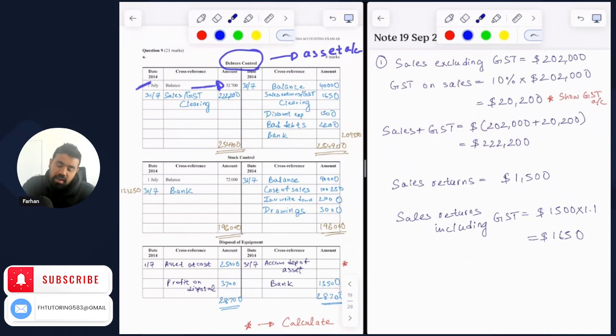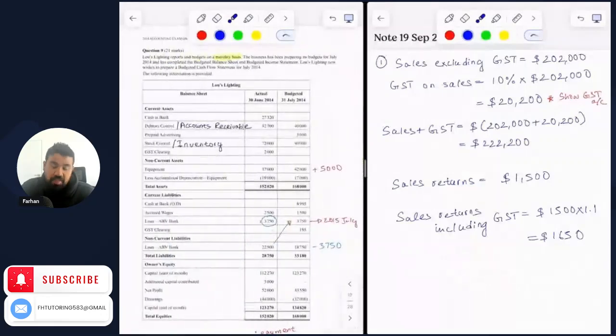Now we can verify this number by simply looking into the budgeted balance sheet figures and the actual balance sheet figures. So for the previous month ending 30 June 2014, you will see that within the current assets section, we had accounts receivable of $32,700 as the closing balance for June 2014, which is now what becomes the opening balance on 1st of July 2014.